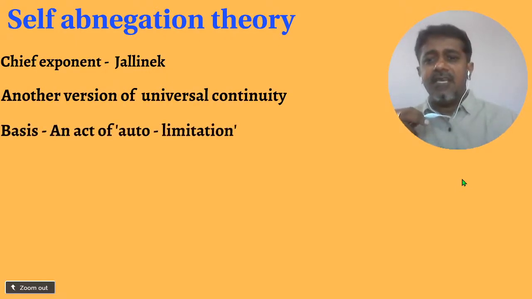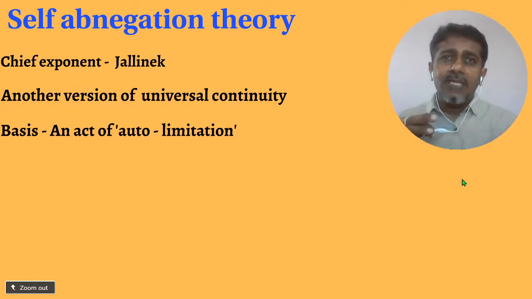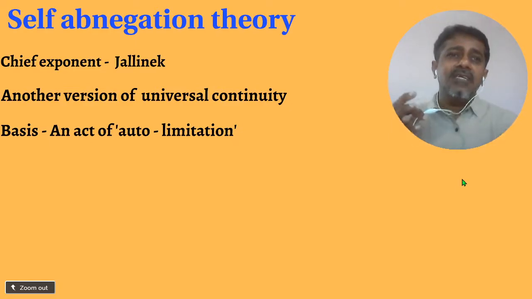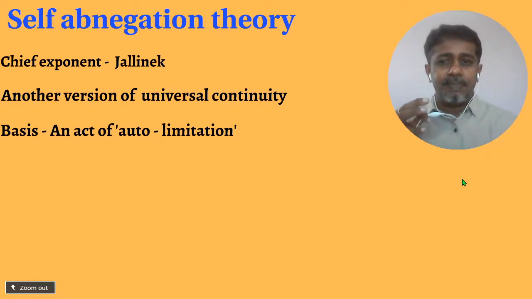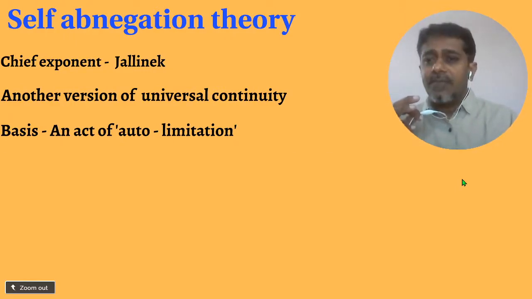The basis is an act of auto-limitation, a self-imposed limitation by a state, whereby it declares, by its express words or by conduct, that it is going to be bound by as well as entitled to the predecessor state's obligations and rights respectively. That is the sense in which the successor state is going to impose a limitation on itself.